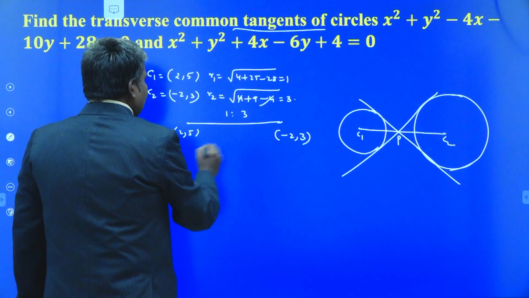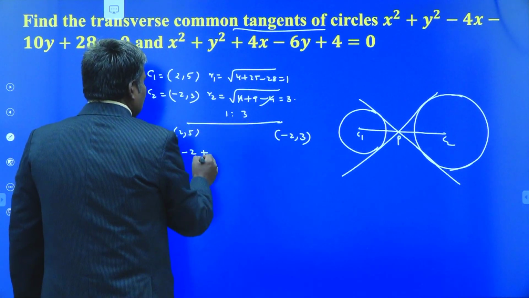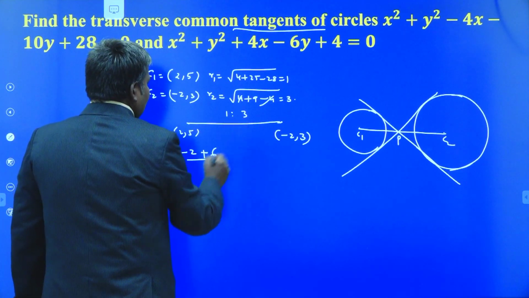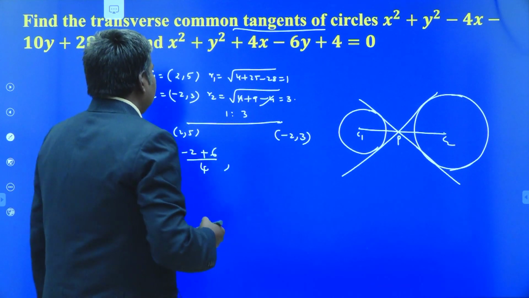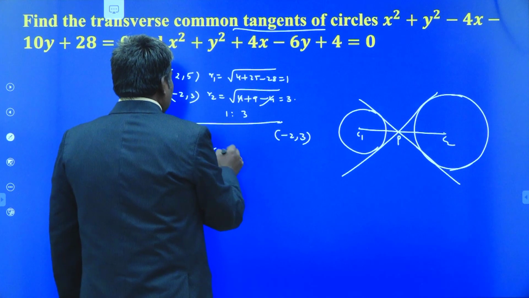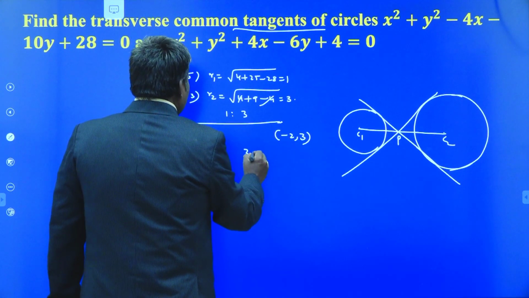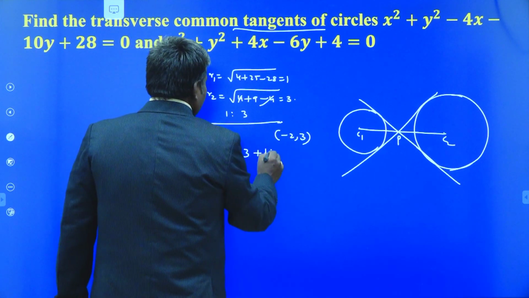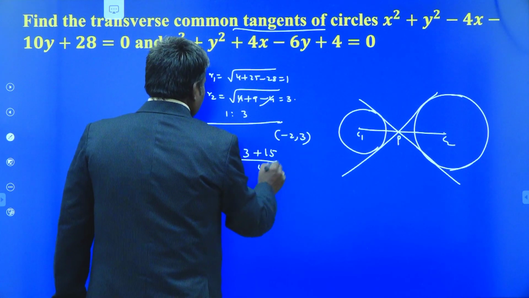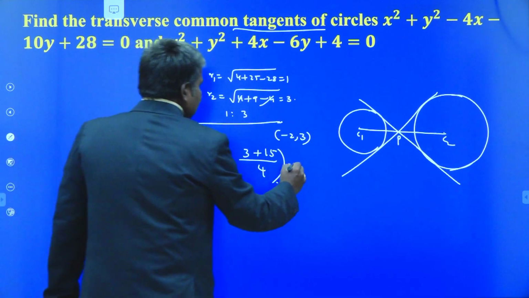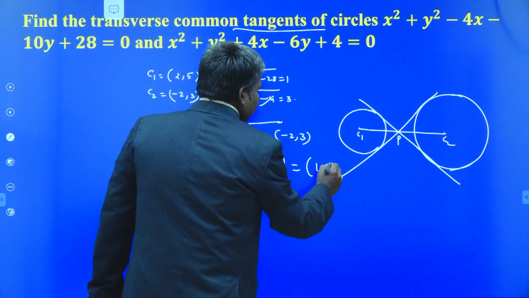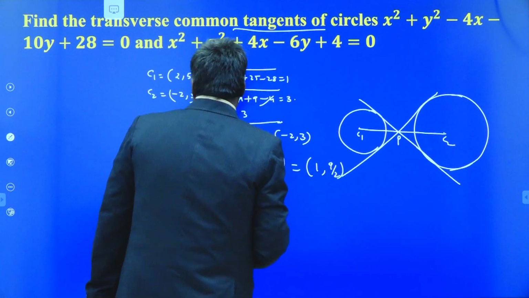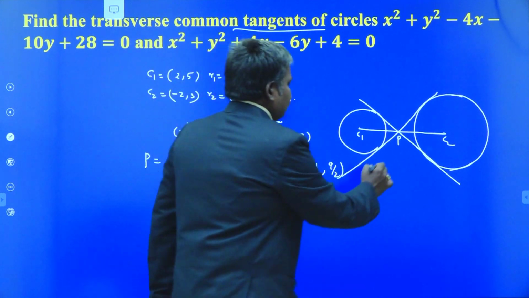So that is (1 into -2 plus 3 into 2) whole divided by 1 plus 3, that is 4, and (1 into 3 plus 3 into 5, 15) by 4. This is 4 by 4, that is 1 unit, and 18 by 4, that means 9 by 2. This is the internal center of similitude P.